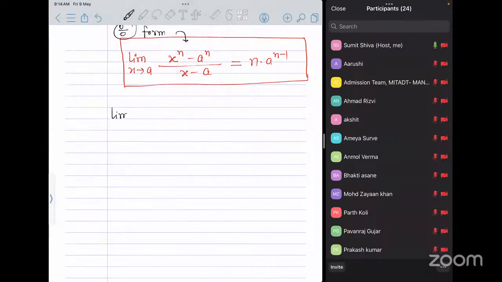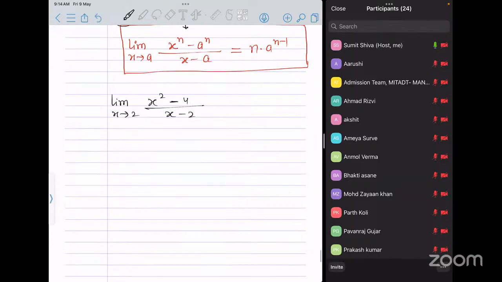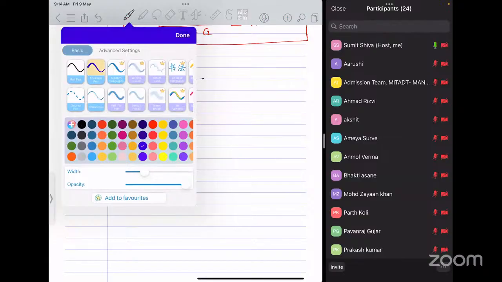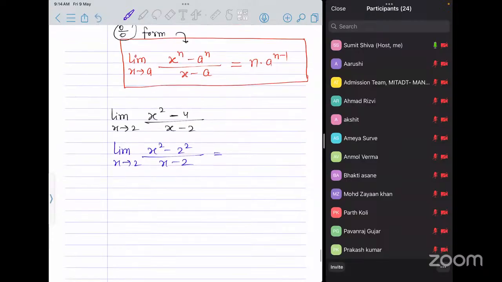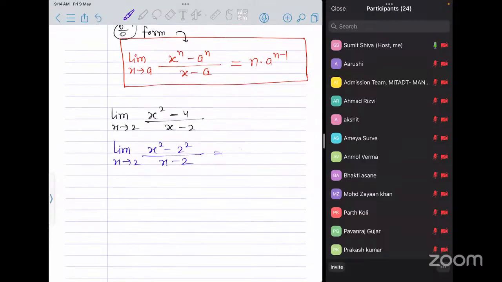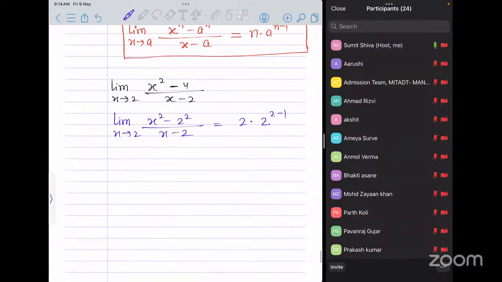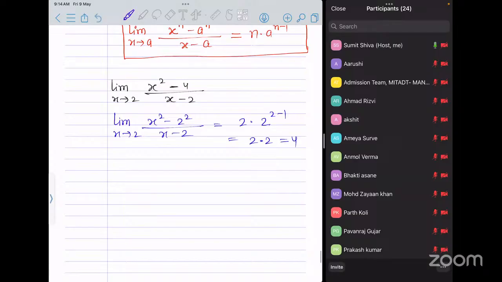Let's say I have limit x tending to 2, x raised to power 2 minus 4 divided by x minus 2. What will be the answer? So you can convert it into limit x tending to 2, x square minus 2 square divided by x minus 2. 0 by 0 form, standard format. So the answer will be 2 into 2 raised to power 2 minus 1, which means this will be 2 into 2, that is 4.